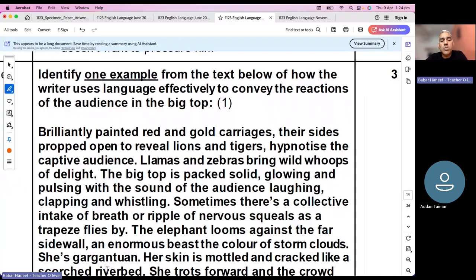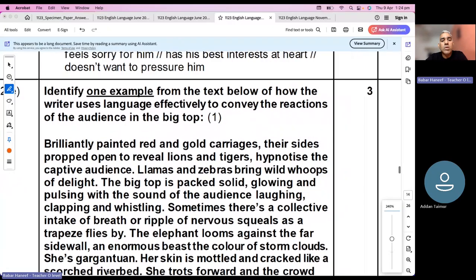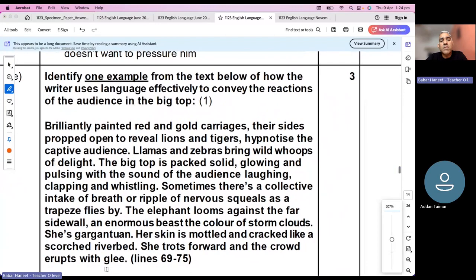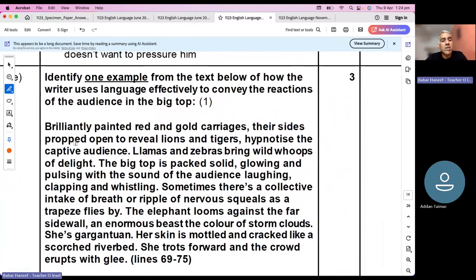Now, we'll do this question here. It's to do with identifying one example from the text below of how the writer uses language effectively to convey the reaction of the audience in the big top. You have to look for the reaction of the audience.